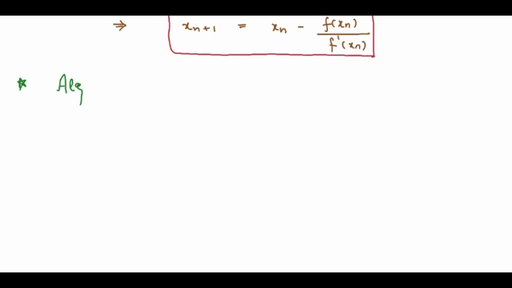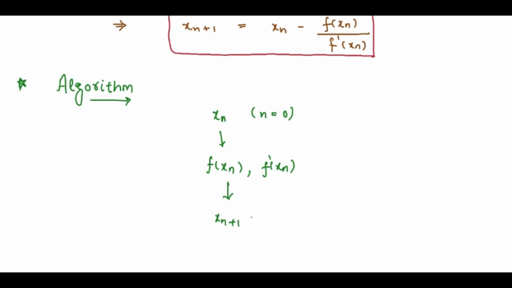Now comes the algorithm. In step 1, you choose an initial approximation xn, then evaluate f(xn) and f dash (xn), and compute xn plus 1 equals xn minus f(xn) divided by f dash (xn).